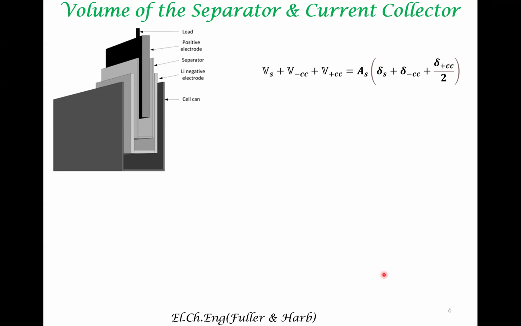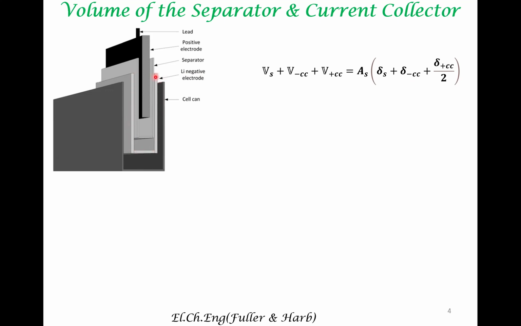In addition to this, there is the volume contribution from the separator that is given by the area of the separator times the thickness of the separator. Then the area of the separator times the thickness of the negative current collector, because the negative electrode is arranged in this manner.